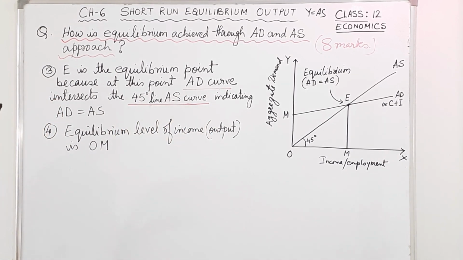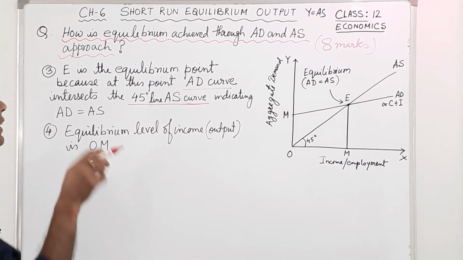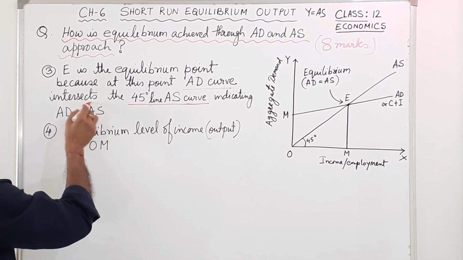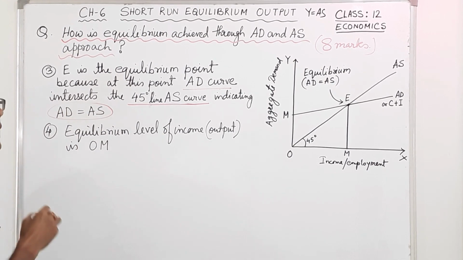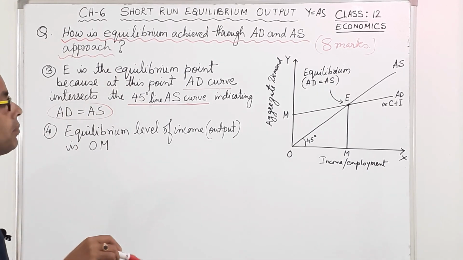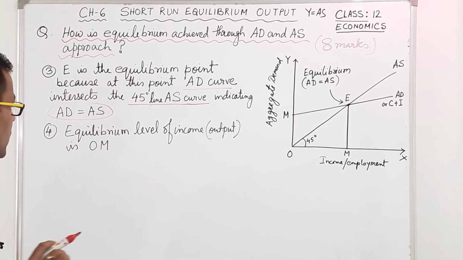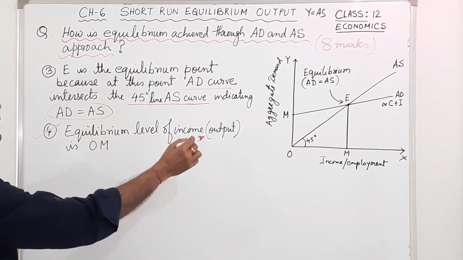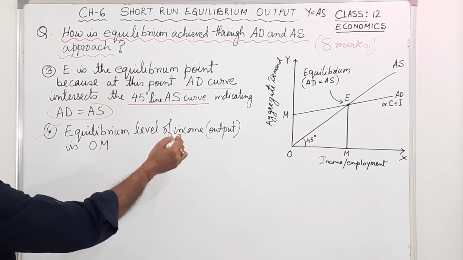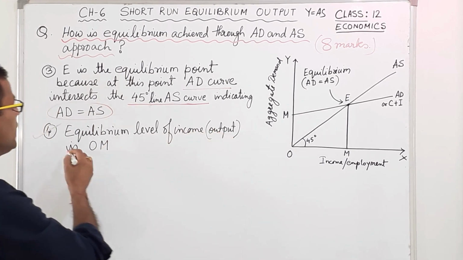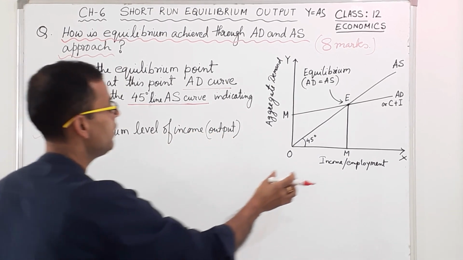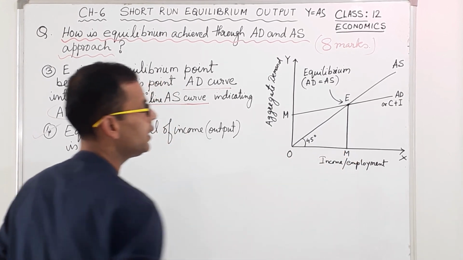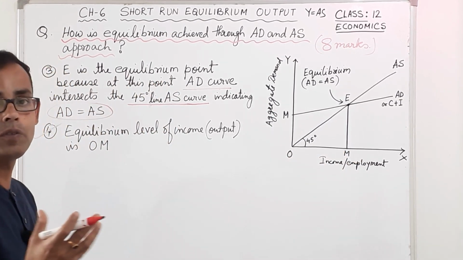The 45-degree line is the aggregate supply curve, and it indicates that at this point aggregate demand and aggregate supply are equal. And point number 4, equilibrium level of income. The equilibrium level of income, or we can say output, is OM. See, OM. Clear? So what is the equilibrium level of income?